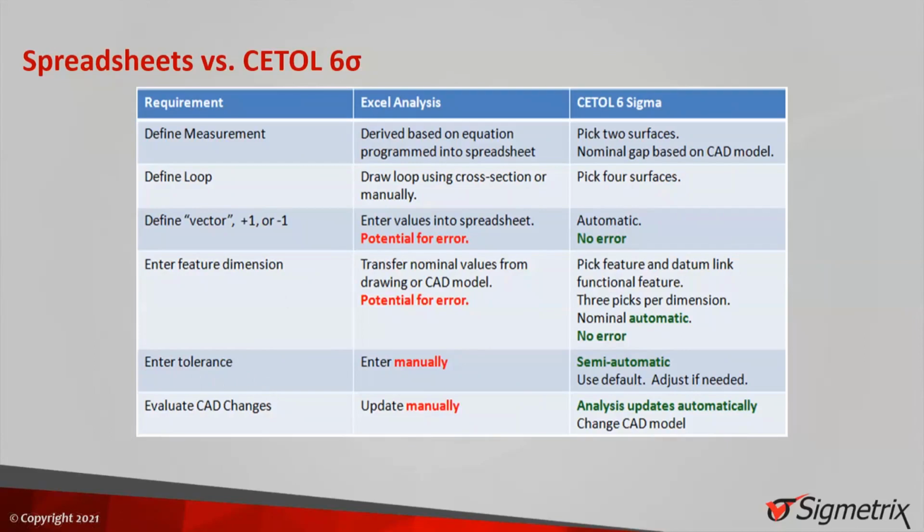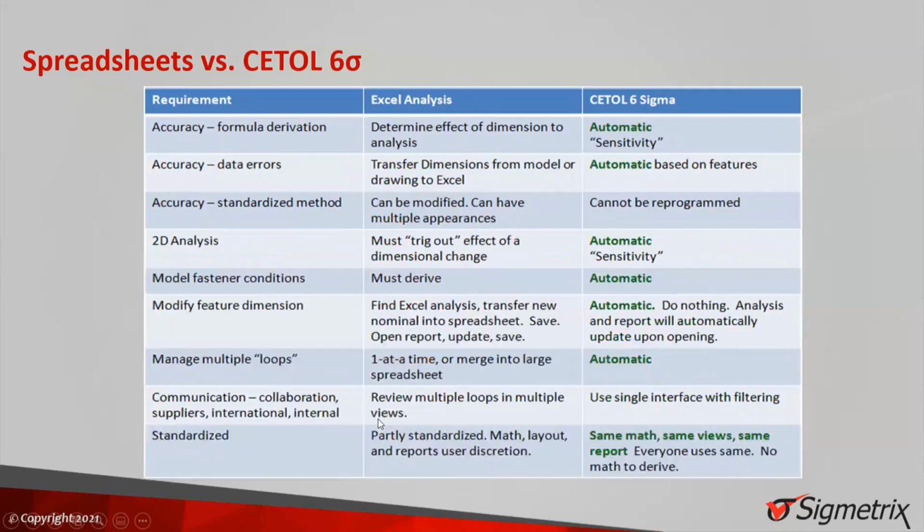So you can link to the CAD dimension tolerances. So when you change the tolerances in CETOL, it can be written back to the CAD model. And about accuracy, no doubt, based on the automatic method, you get more precision during the process and in the results.